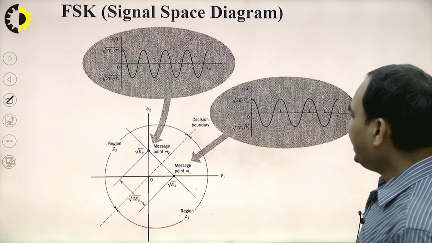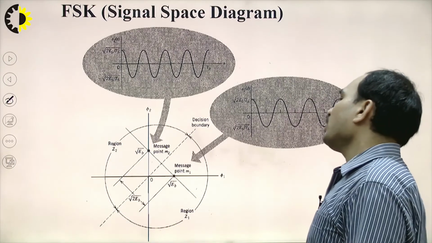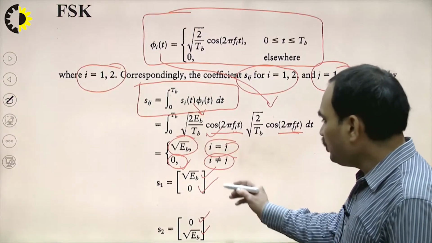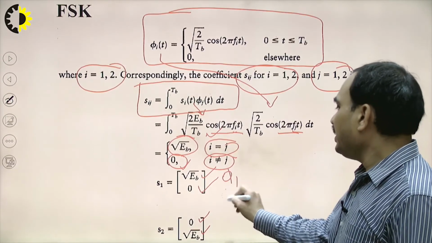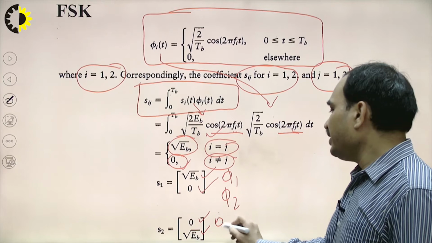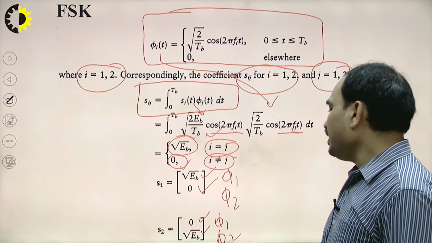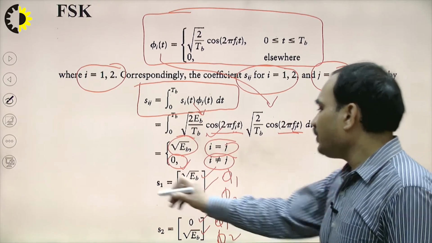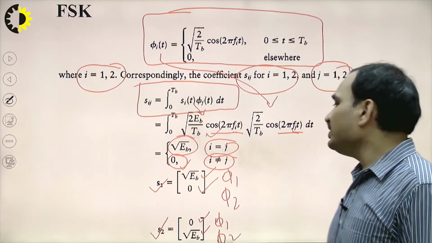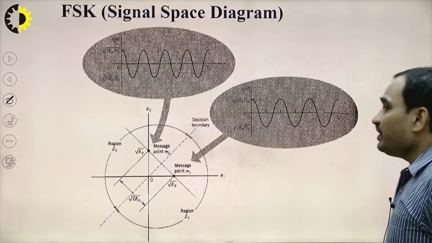So you will get 0 and root of Eb. If we represent in terms of the orthonormal basis functions phi 1 and phi 2, we have the coordinates of S1 and S2.